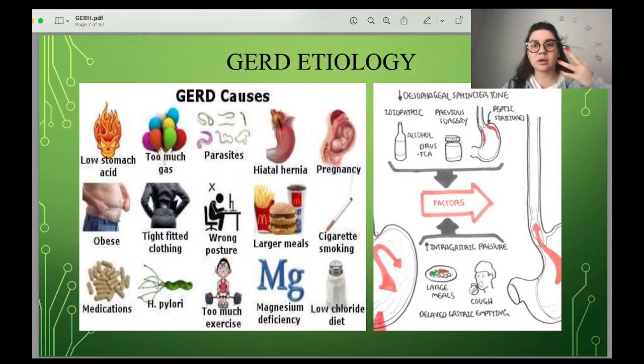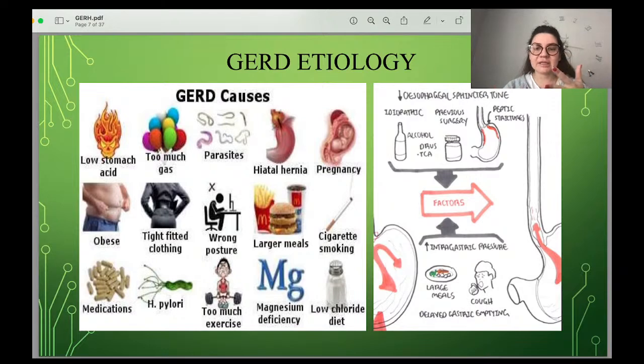And most often it manifests like on picture 2, when there are some factors like iatrogenic factors, using alcohol, drugs, previous surgery, or for example strictures.